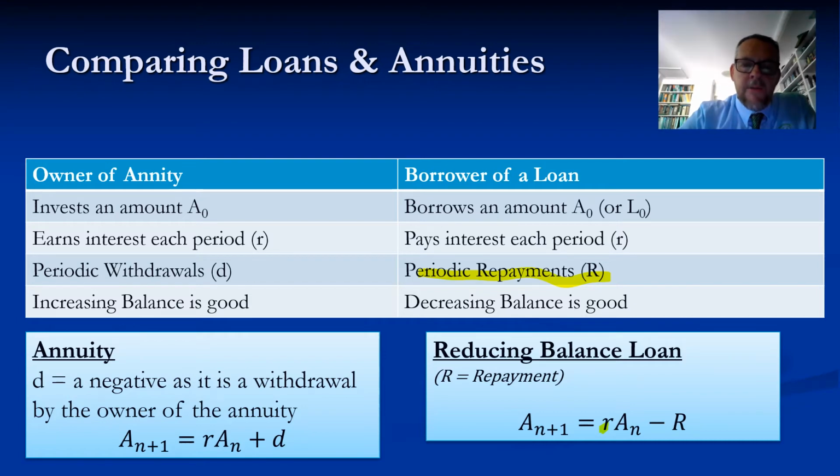They will give you interest, but you'll be taking away payments. So as I said, it's a reverse of a reducing balance loan. Now, I think it's better to use this recursion relationship for this case, but we're stuck with this one, and we just need to know that this is a negative to positive. So in this case, it's a negative, as it's a withdrawal by the owner of the annuity.